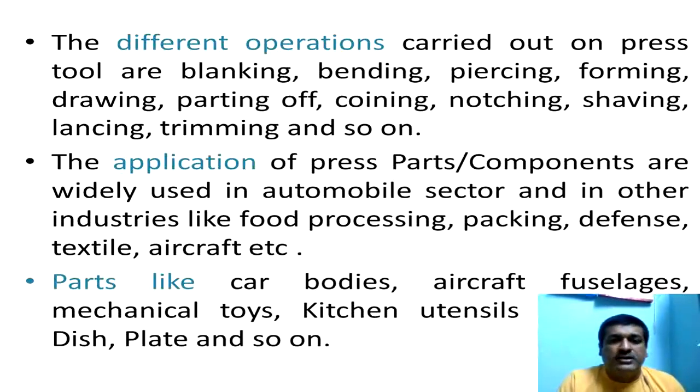Press parts are used mostly in the automotive sector, food processing industries, packaging, defense sector, textiles, aircraft, and so on. The major parts which we see in our daily life related with car bodies, mechanical toys, kitchen utensils, just like glass, dish, plates, all these parts are manufactured with the help of press tool.